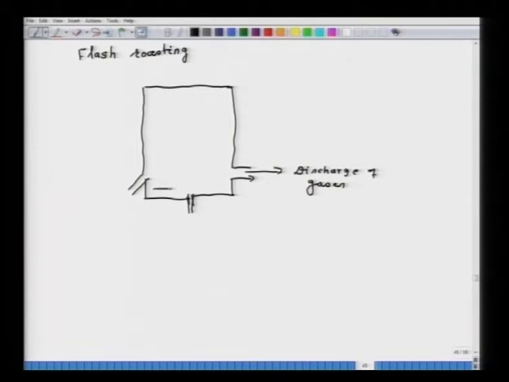this is a mechanism which rotates, and here is the feed, which consists of concentrate and air.